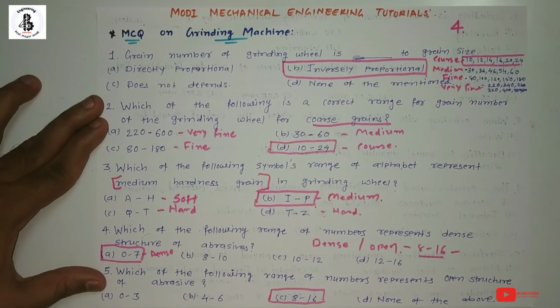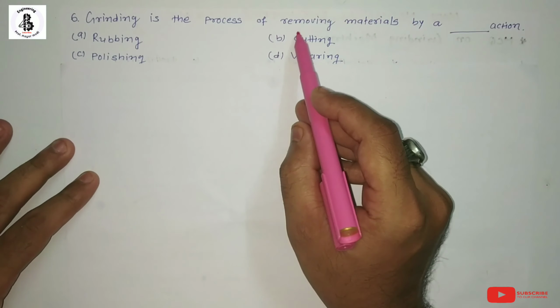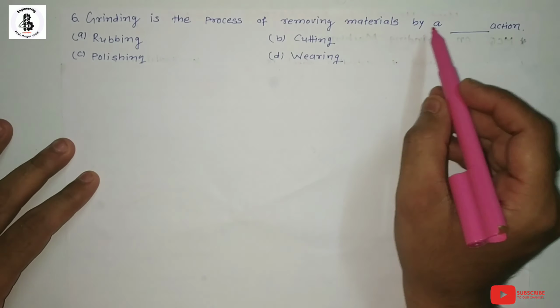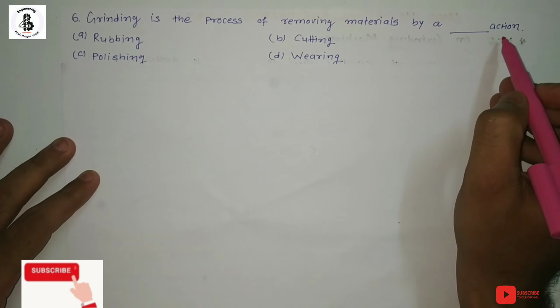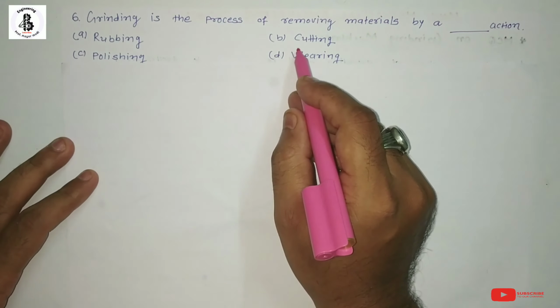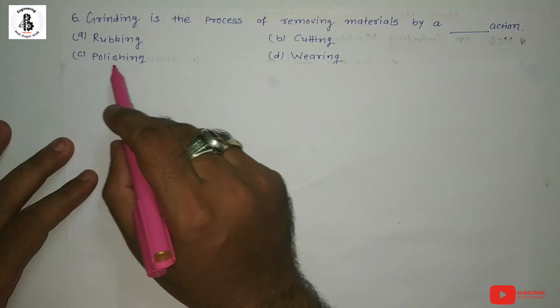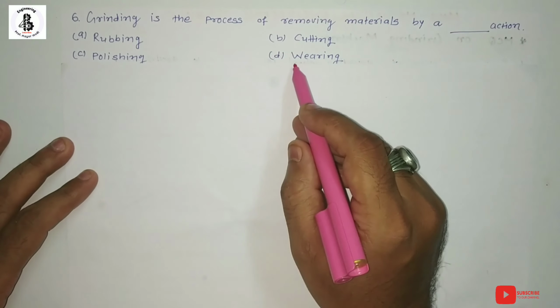Then next question. Grinding is the process of removing materials by which kind of action? Option A rubbing action, option B cutting action, option C polishing, option D wearing.